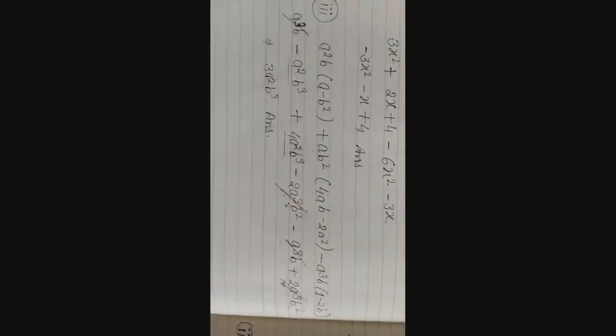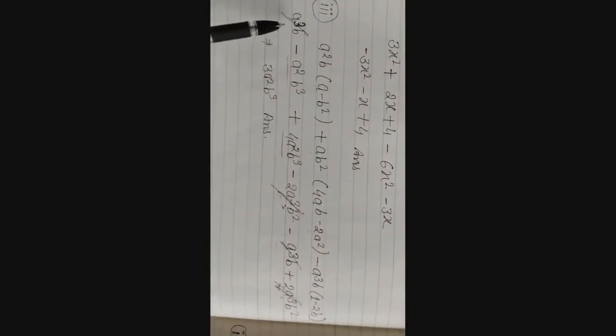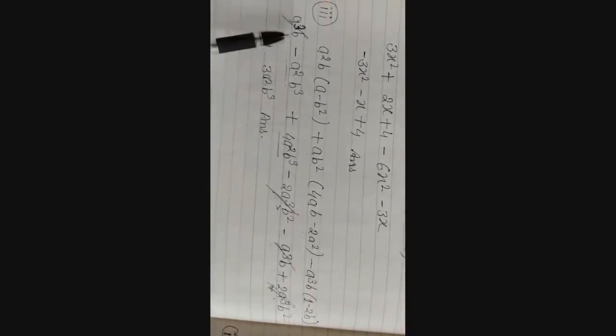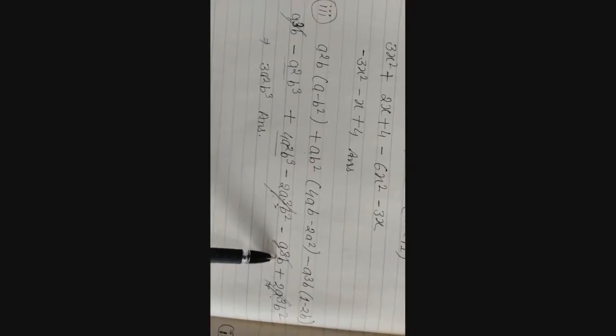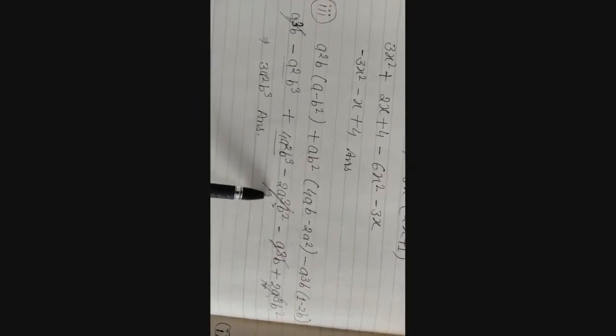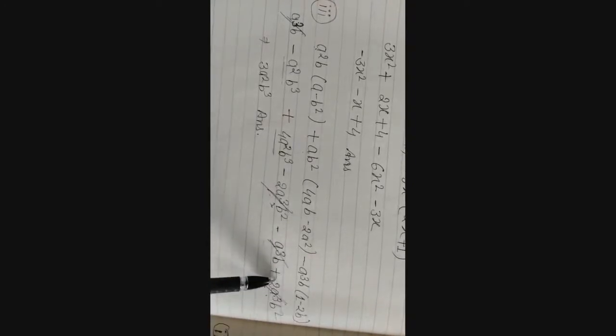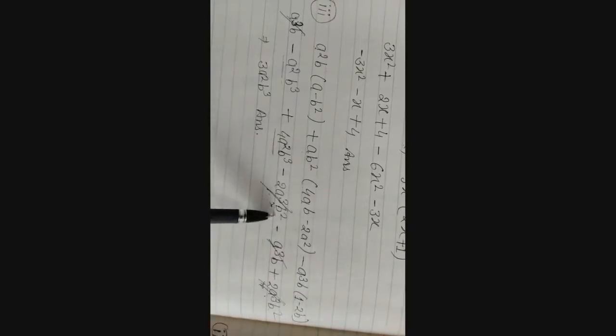Now see again. This a³b will cancel with this a³b because this is positive and this is negative. And this minus 2a³b² will cancel with plus 2a³b² because we cancel the same terms. Here is also a³b², here is also a³b².